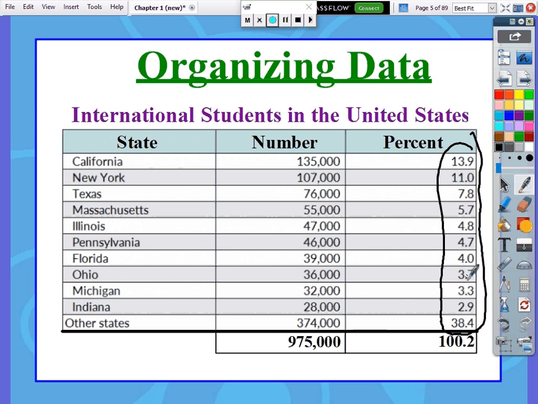Some parts get rounded up, some parts get rounded down, and in the end, we had more rounding ups than we had rounding downs, which caused us to have this extra 0.2% higher than what we should have. So don't think because you see 100.2% that you're off. It's probably just because all the individual numbers that added up to that 100.2% were rounded, and it's just due to rounding error.